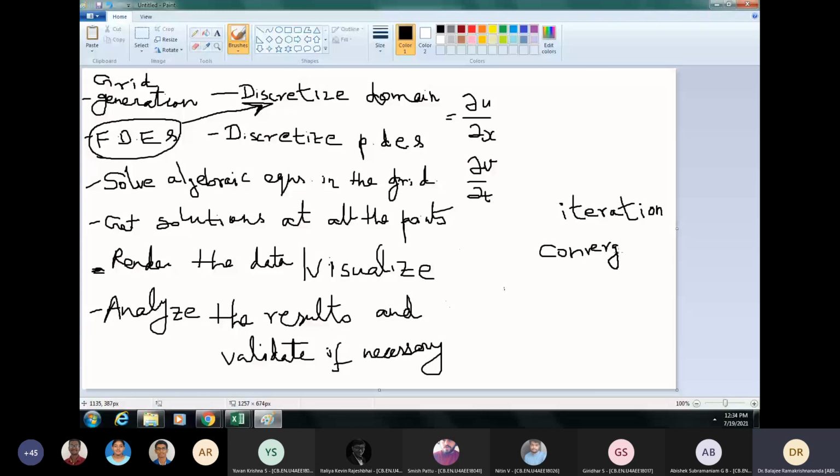When you say that a solution is converged, that means after one more iteration, you won't get a solution which is much different from the earlier one. We are not telling whether the solution is correct or wrong. We are only telling that the change in solution has now stopped. Then you say the solution is converged.